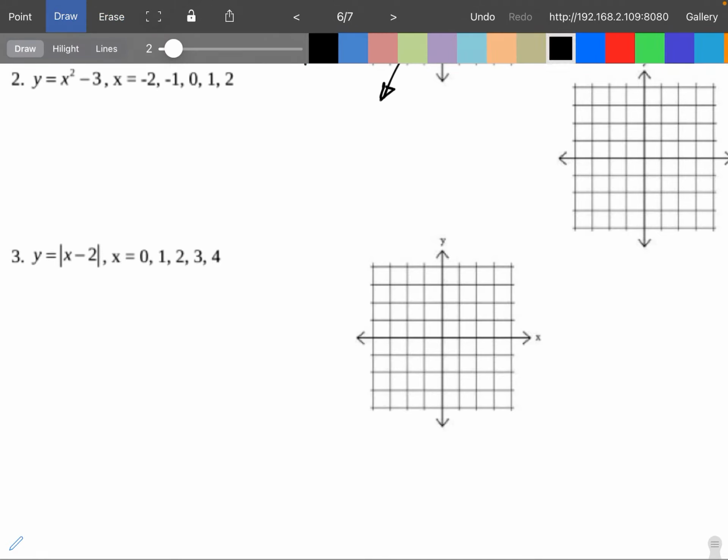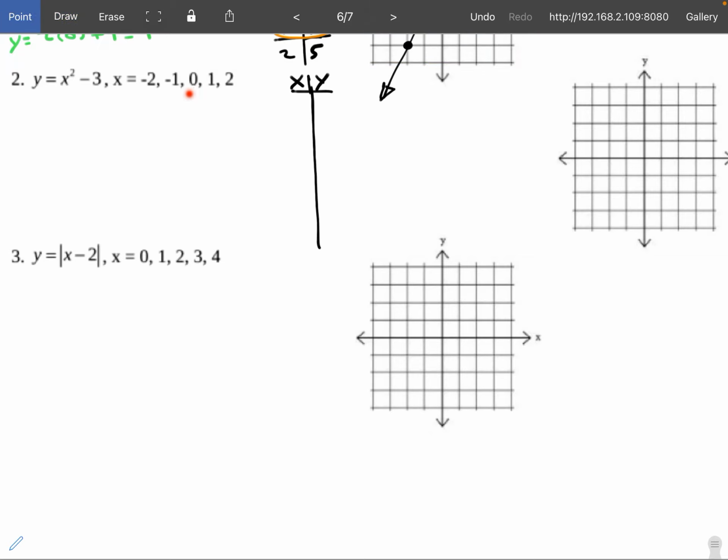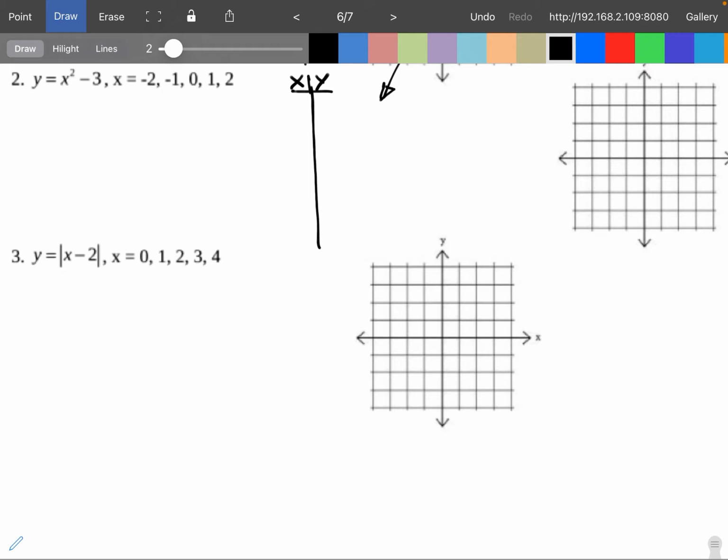Okay, so again, for number 2, we're going to make a table again. So draw yourself a table here, and put x and y. And then we're still going to plug in the same x values we had last time: -2, -1, 0, 1, and 2.